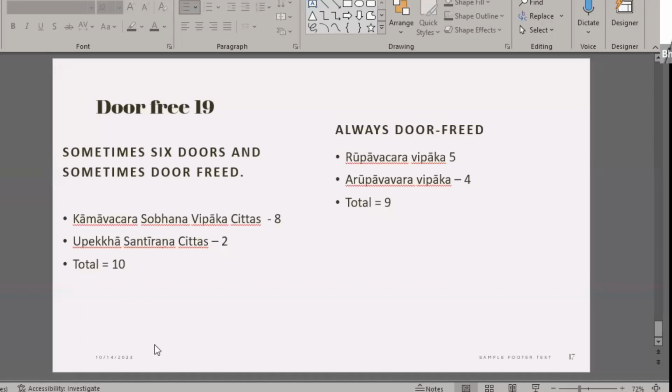But when they perform another function apart from Bhavanga, either Tadarammana or Santirana, they are not door-free. That's why we say sometimes six doors and sometimes door-free. So how many? There are 10 cittas: 8 Mahavipaka and 2 Upekkha Santirana cittas. Sometimes six door, sometimes door-free.